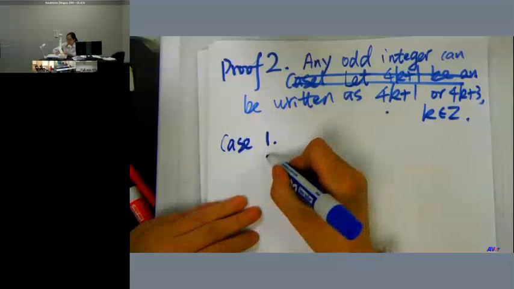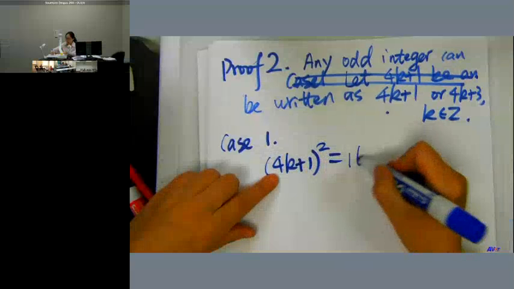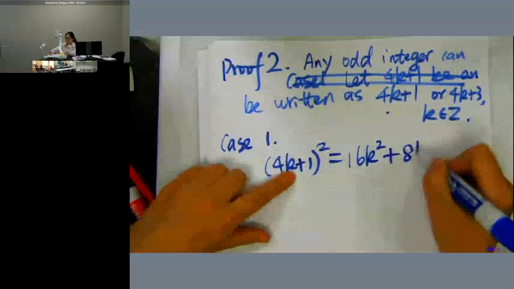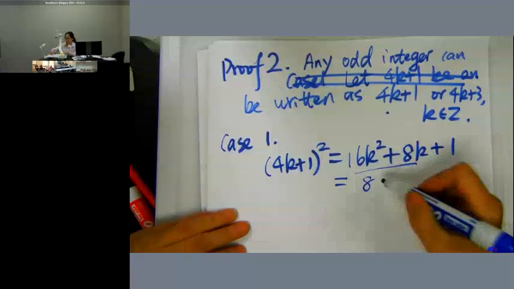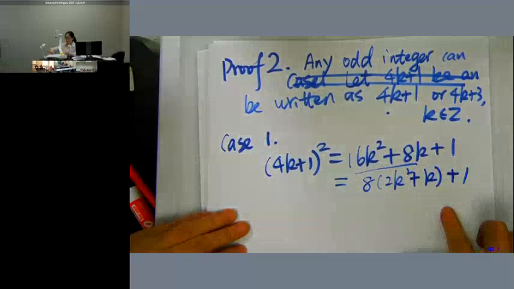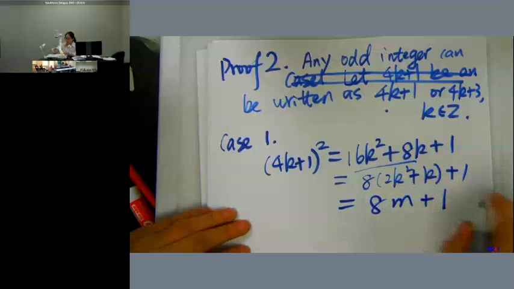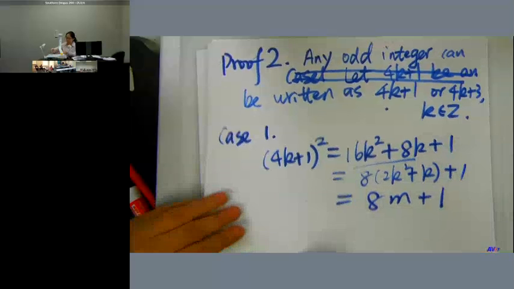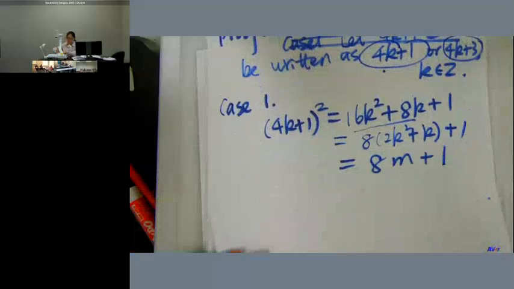Consider 4k plus 1. 4k plus 1 squared. So we get 16k squared plus 8k plus 1. Can we factor out 8 from here? Yes, right? Okay, so it's 8m plus 1. Now do case 2, which is 4k plus 3. So do the same thing.